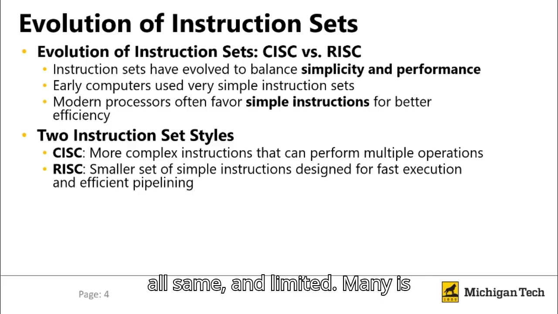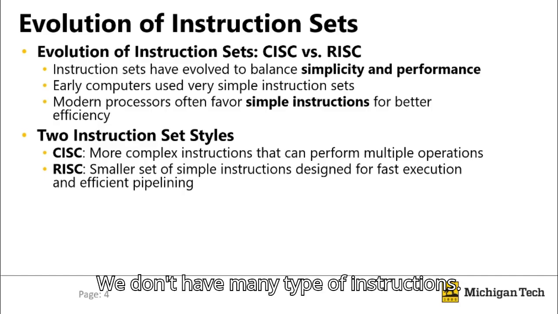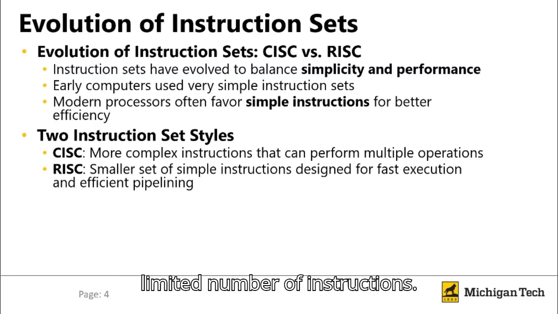When it's smaller, it's faster. The size of instruction is small. The number of registers is small. The type of instructions is also small. We don't have many types of instructions.